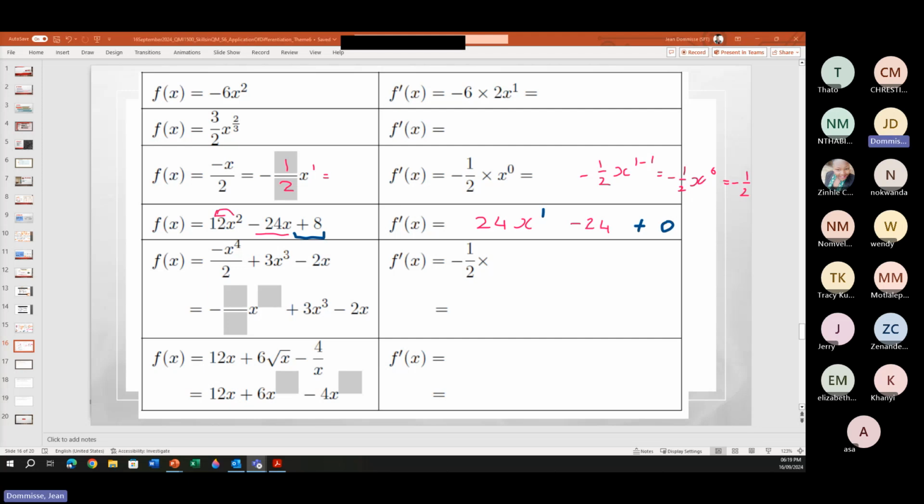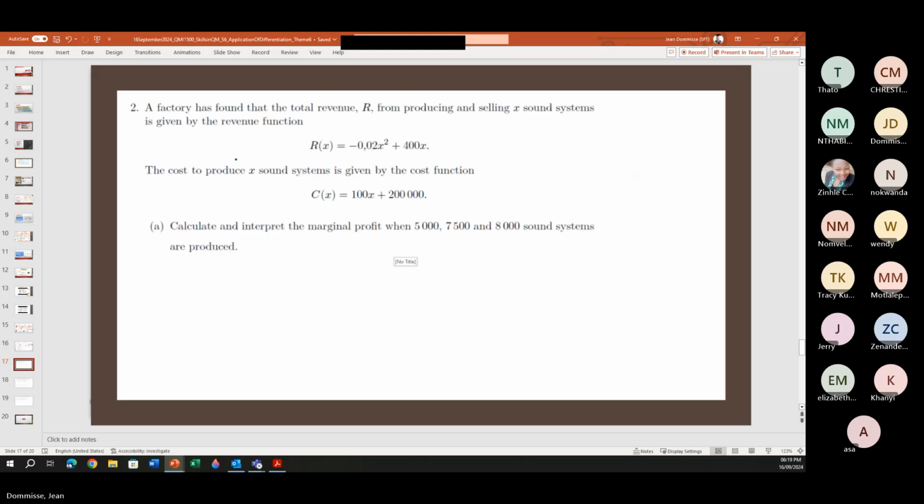So that is when they ask you to differentiate a mathematical equation. They give you the equation, they ask you to differentiate it. What they can also do is start talking about total revenue and those kinds of things.